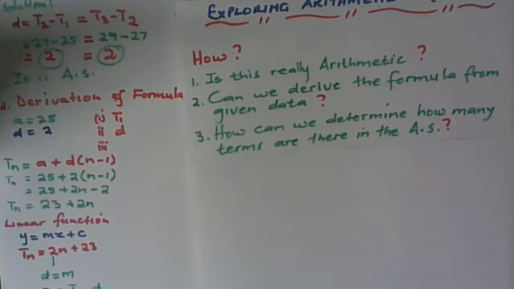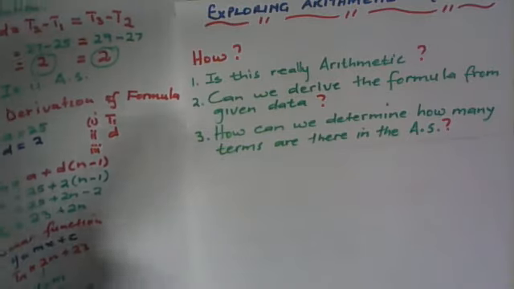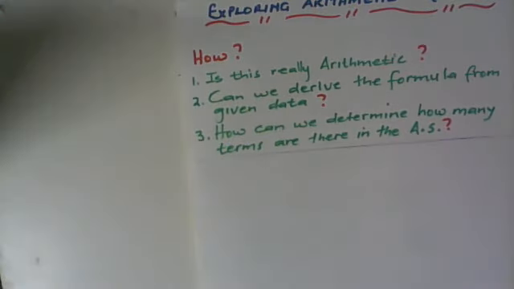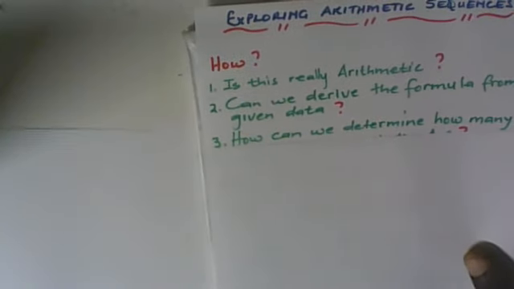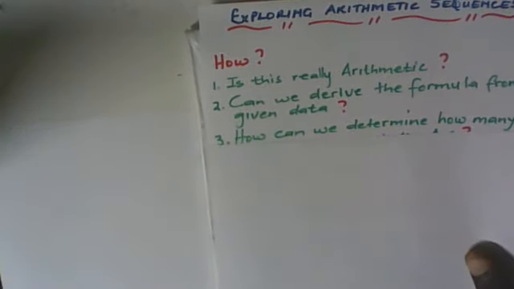And then the third one. How can we determine how many terms are there in a sequence? Let me give you another sequence, guys, and then let's explore. We are on an exploration journey.